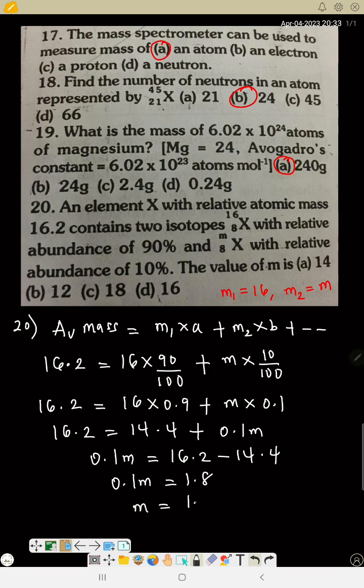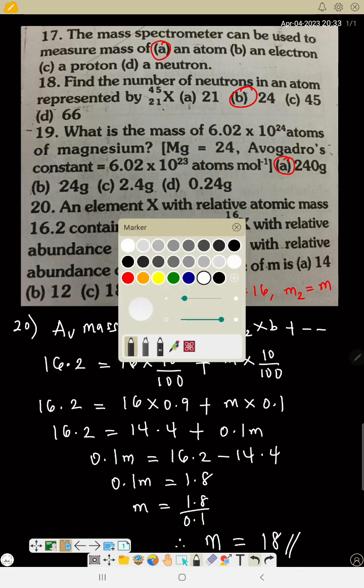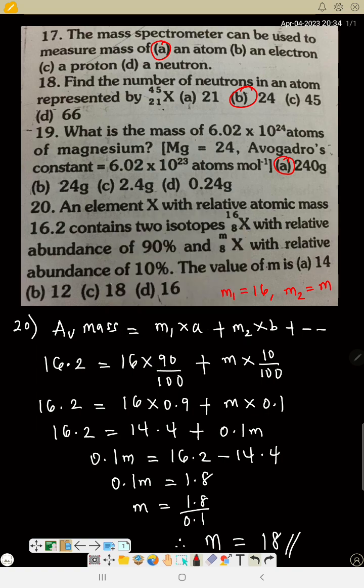So M is equals to 1.8 divided by 0.1. Therefore M is equals to 18. So that is the value of M. So the correct answer is C.